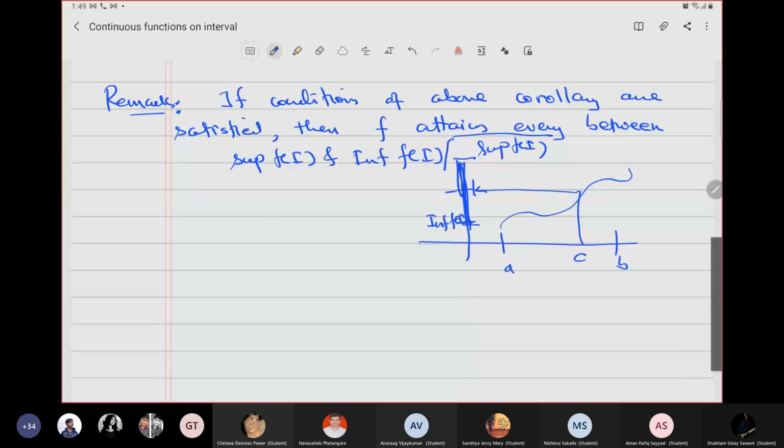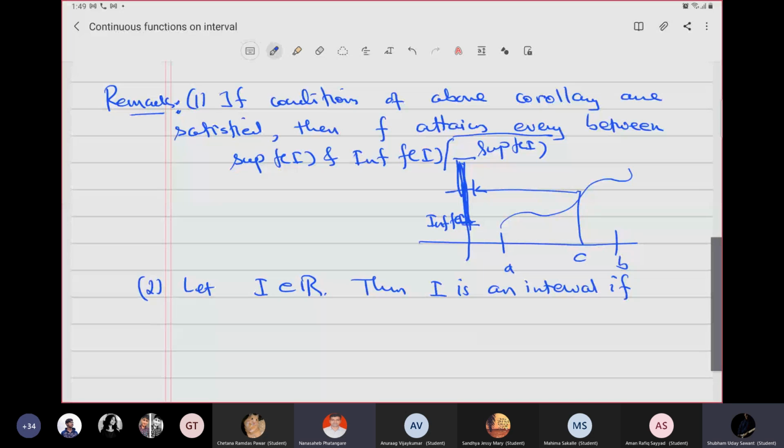Let I be a subset of R. Then I is an interval when we say that some set is an interval: when we take two elements belonging to the set, all the points between them are included in the set. Right.